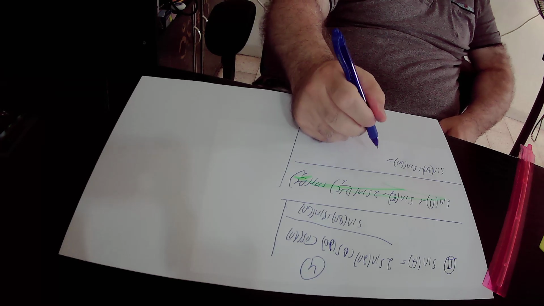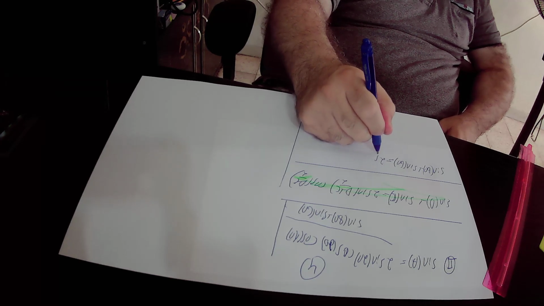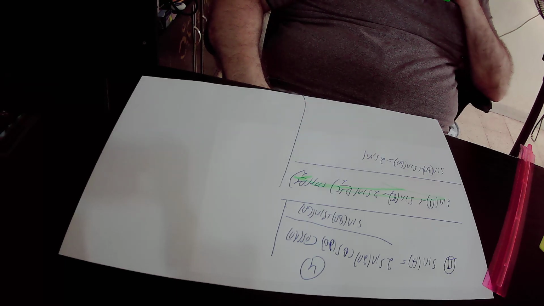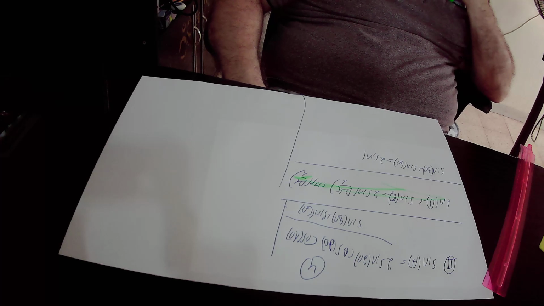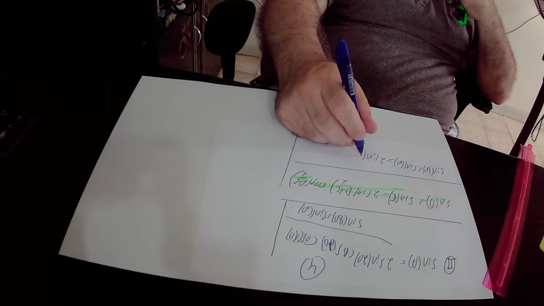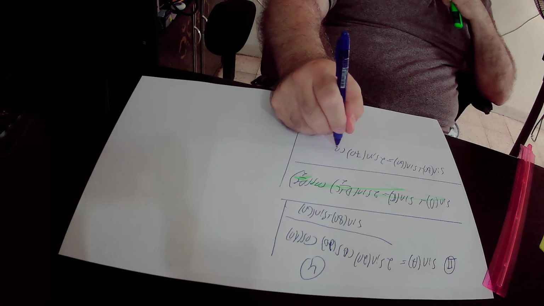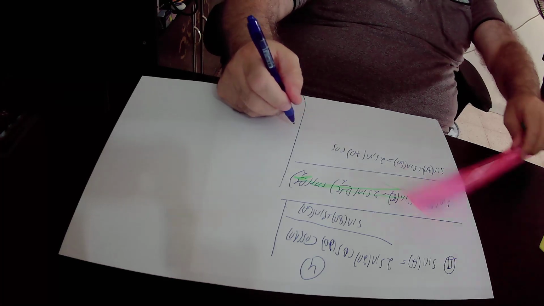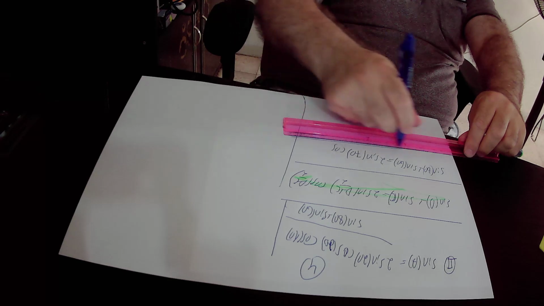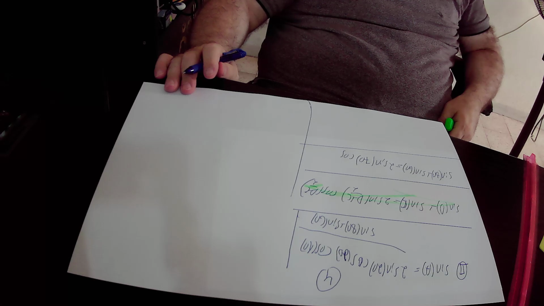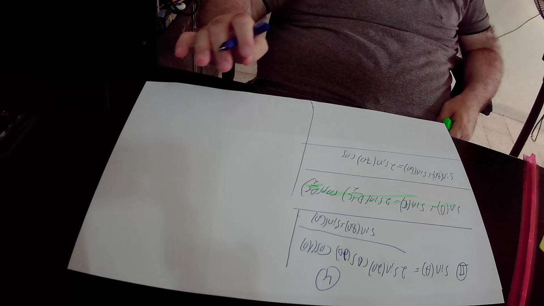D is 80, C is 60, so 80 plus 60 is 140, and 140 over 2 is 70. So here you have 2 times sinus 70 degrees times cosine of D minus C over 2. D is 80, C is 60, so 80 minus 60 is 20, and 20 over 2 is 10.